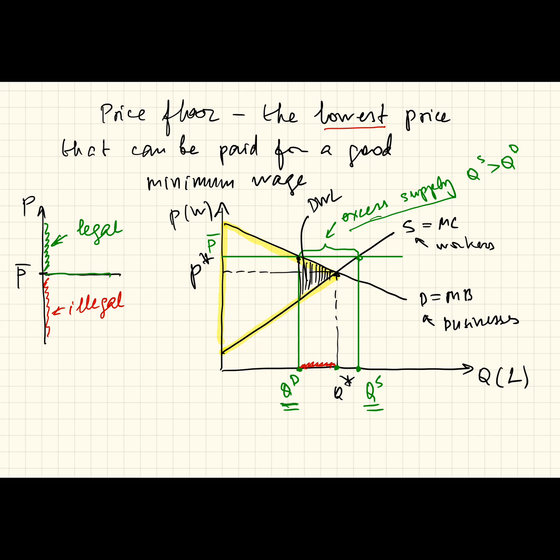Okay. Next thing is to see how large losses from search will be. Similar idea as before. As people look for jobs, it takes time, it takes resources. So that will result in losses. To figure out how much these losses could be, we need to draw a rectangle that is adjacent to our deadweight loss triangle.